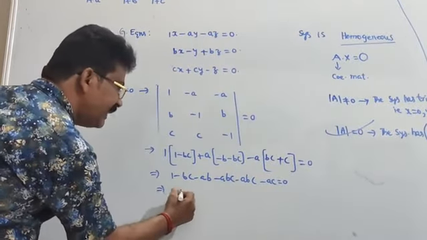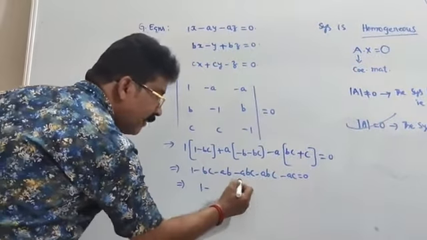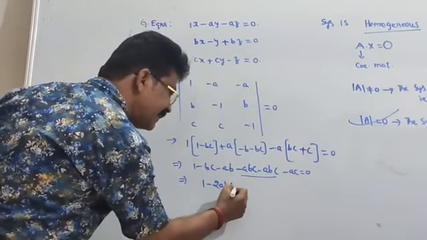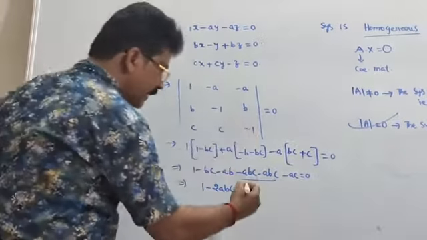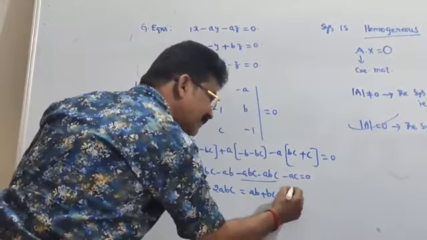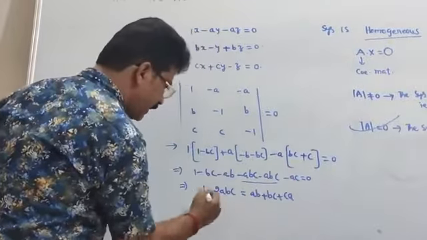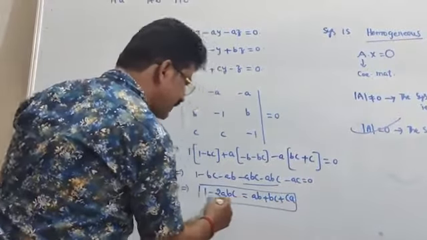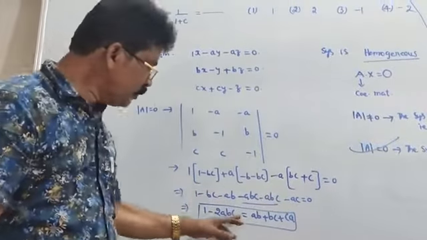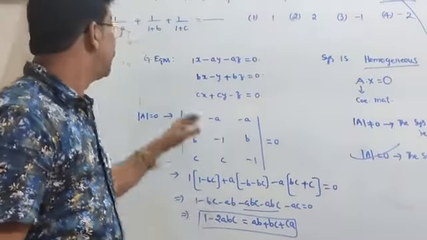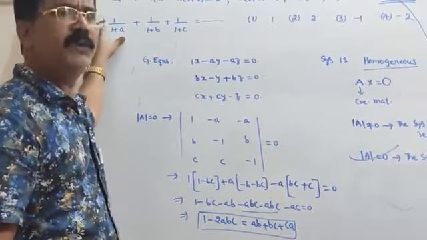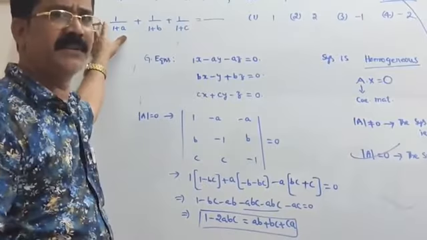For our convenience I am writing it like that: 1 − 2abc, and on the other hand ab + bc + ca. AC or CA, both are the same. So we have one condition, but obtaining this expression through this equation is too difficult in a public examination.